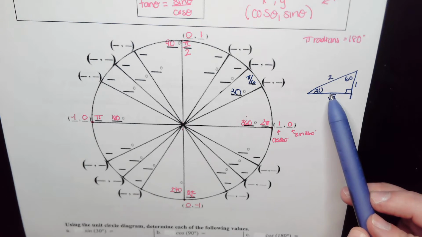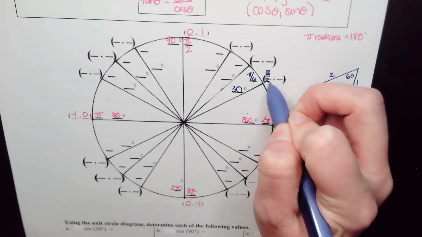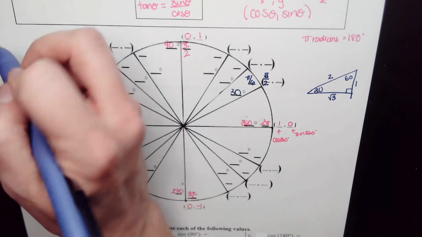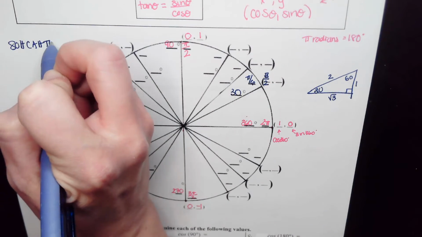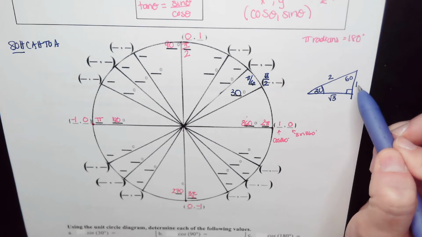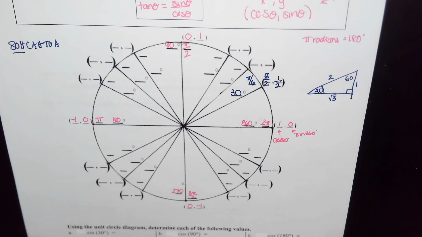Adjacent is rad 3, hypotenuse is 2, so this one is rad 3 over 2. And then I want the sine of 30. SOH CAH TOA: the sine is opposite over hypotenuse. Opposite my 30 degrees is 1 and the hypotenuse is 2, so that's going to be 1/2.